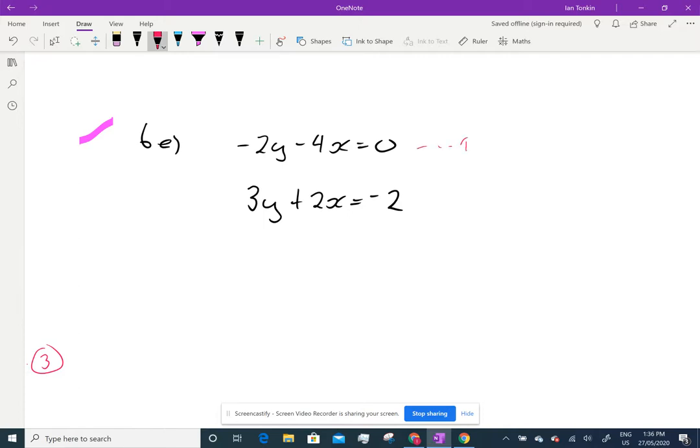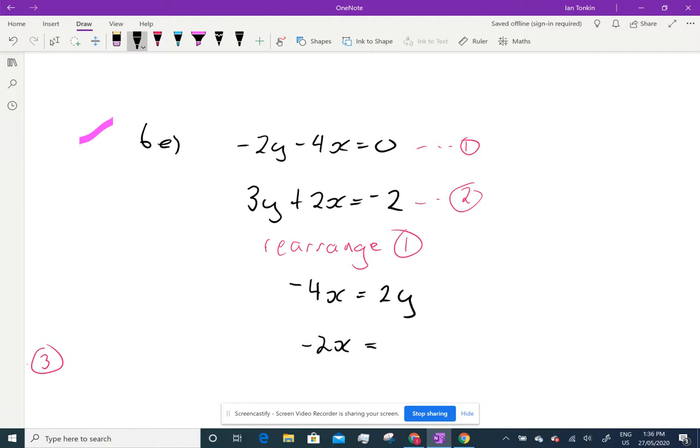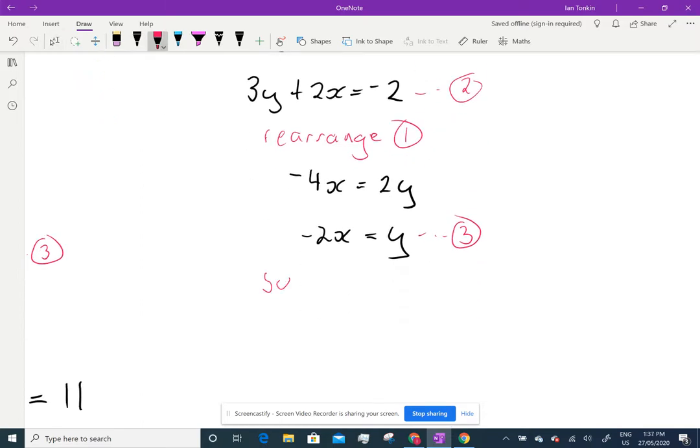Equation number 1. Equation number 2. I'm going to rearrange equation 1. I'm going to take that 2y over the other side. So minus 4x equals 2y. I'm going to divide by the 2. Negative 2x equals y. I'm going to call this equation number 3. I'm going to substitute 3 into equation number 2.